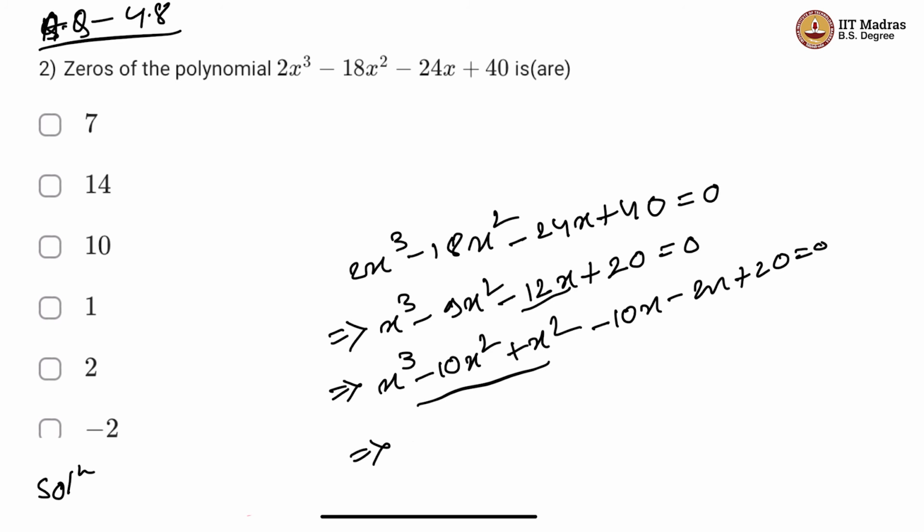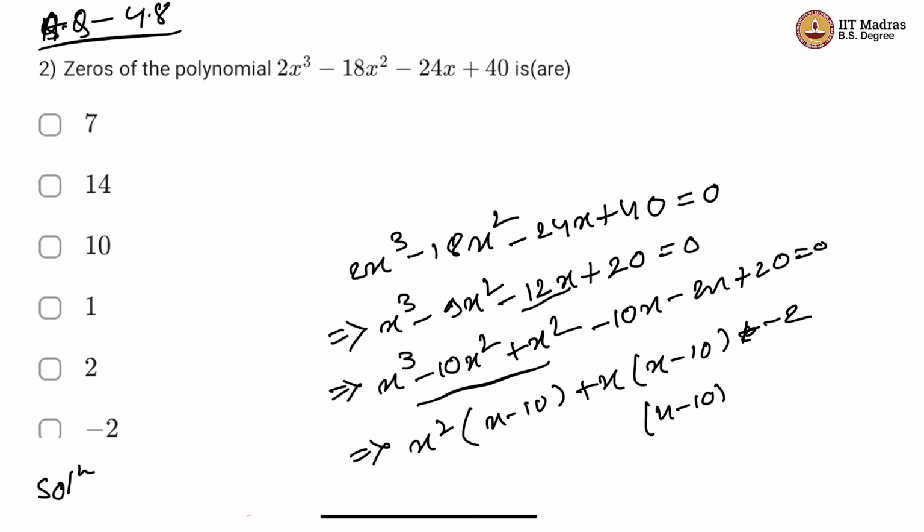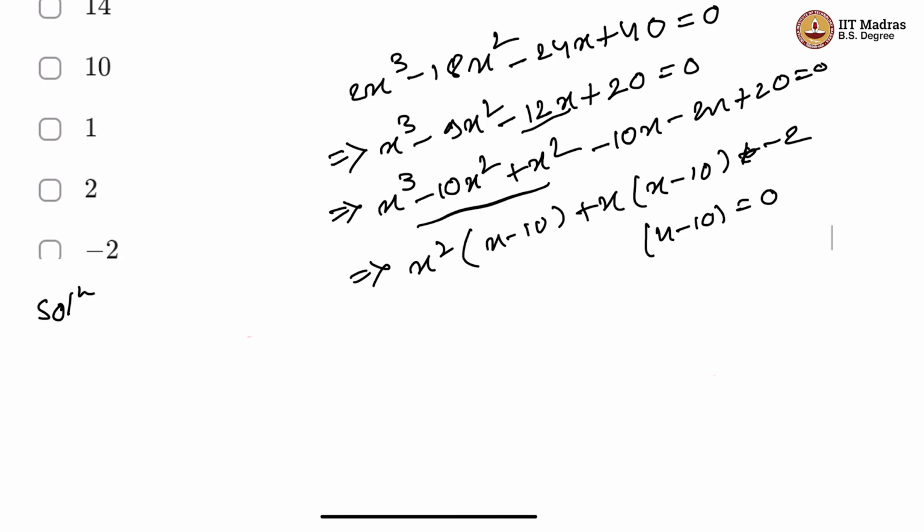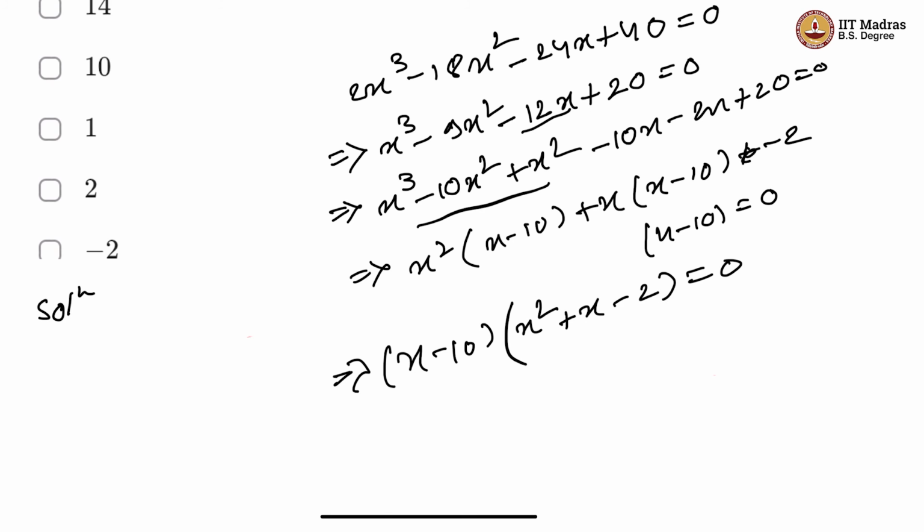Okay. So we can take x^2 as common, then we will get x - 10. Here we will take x as common, then we will get x - 10, plus -2(x - 10) = 0. Okay. So we can take the factor x - 10 as common, then we will get x^2 + x - 2 = 0.